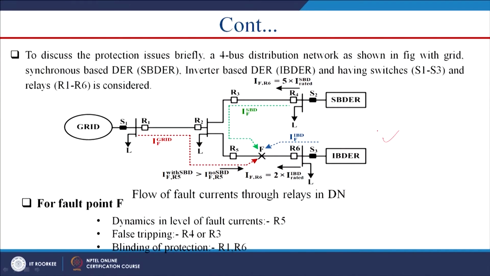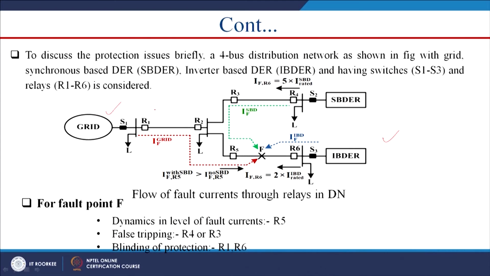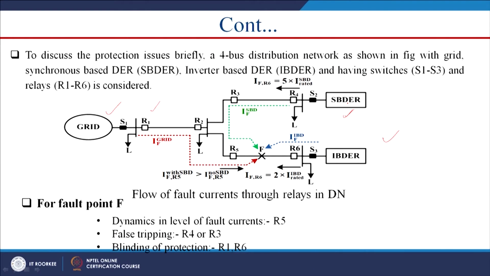Now, I will take this picture, and the concerns or issues we have discussed previously, we will just give one example through this figure. This is our grid, and this is relay R1, this is relay R2, R3, R4, R5, R6. We are assuming here that all the relays are overcurrent relays, and this is one synchronous based DG and this is inverter based DG.